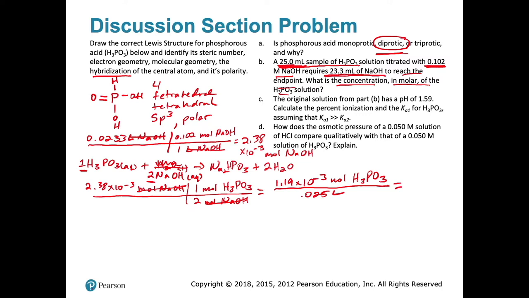And again, I put 0.025 liters instead of 25 milliliters because the formula for concentration, molarity, is what? Moles over liters, right? Not moles over milliliters, but moles over liters, right?